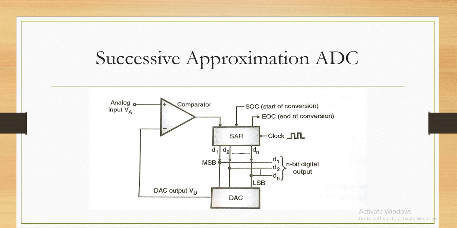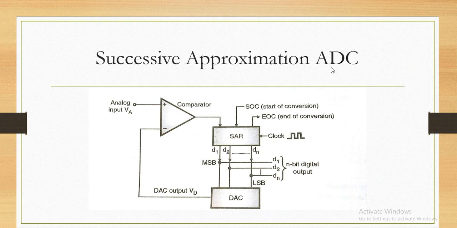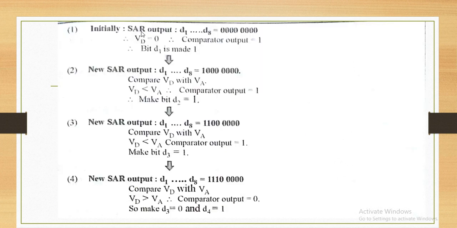Okay, now to better understand this, let us see one example and then you will understand how the process is done. Suppose we have the 8-bit successive approximation ADC. Again I am repeating, initially SAR output is D1 to D8, that is 0 0 0 0 0 0 0 0.